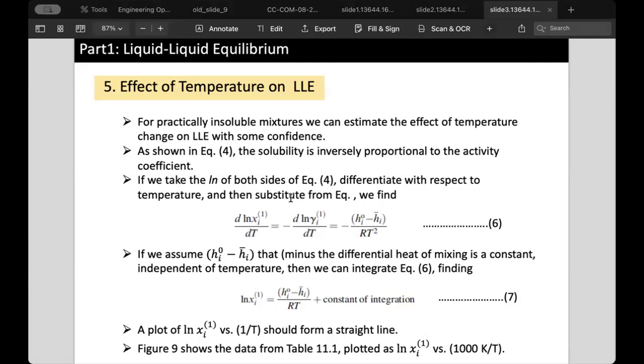Heat of mixing, right? If you want to find how gamma changes with respect to temperature, you need information of heat of mixing. And you integrate this expression. Normally we have to write this heat of mixing as a function of temperature, and then you integrate it with temperature.